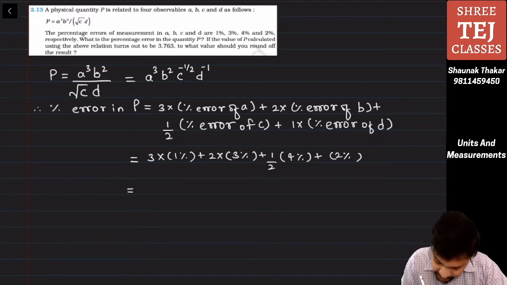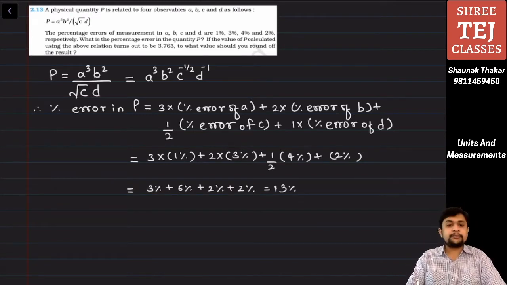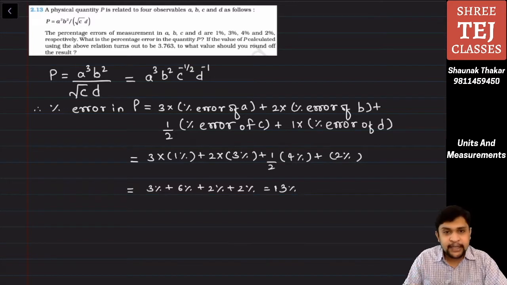So this will become 3% plus 6% plus 2% plus 2%, which is equal to 13%. So percentage error of P is 13%.